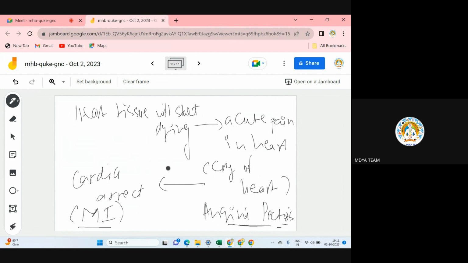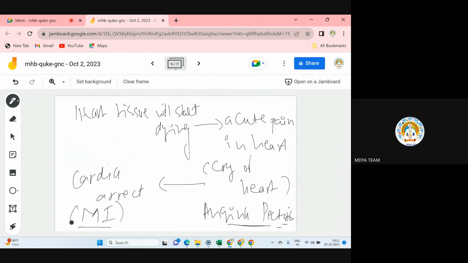Then suddenly there is cardiac arrest, angina pectoris. That's why most doctors don't recommend a non-vegetarian diet, because it mostly contains saturated fatty acid.